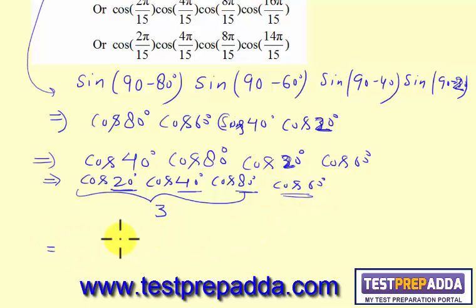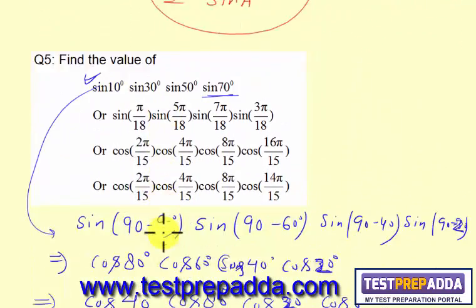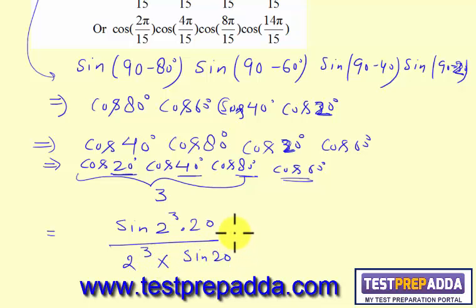So it will become sin 2 to the power 3 A, where A is 20, upon 2 to the power 3 into sin 20, and into cos 60, which is half.